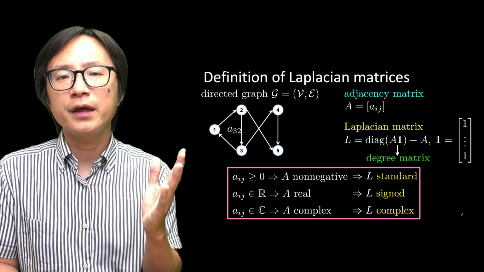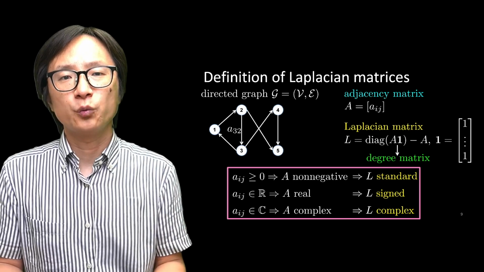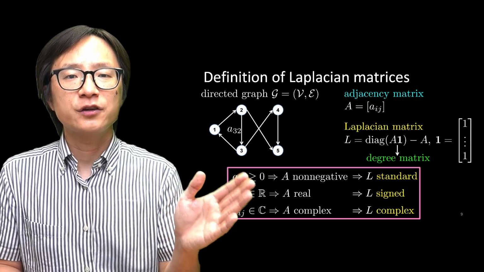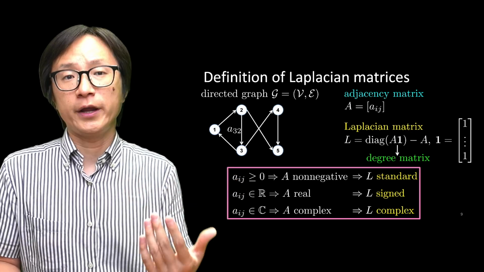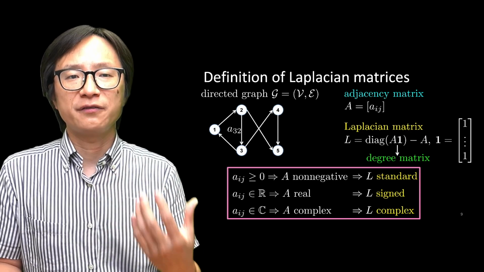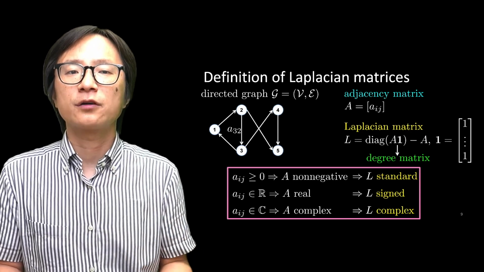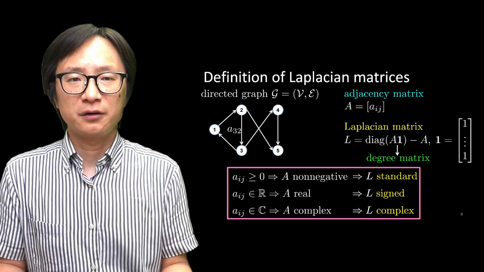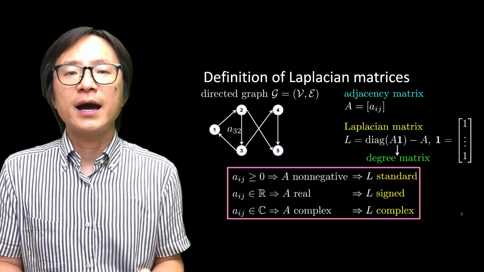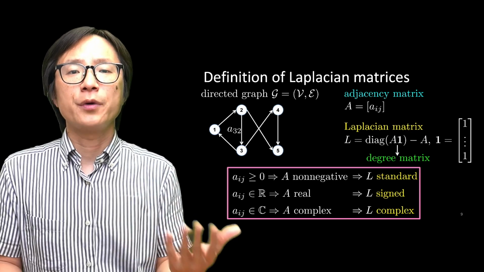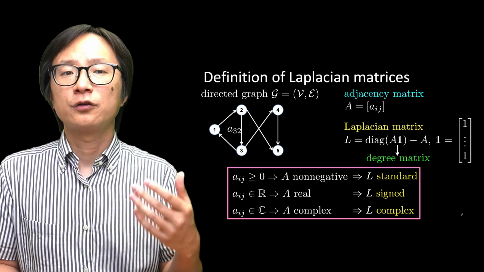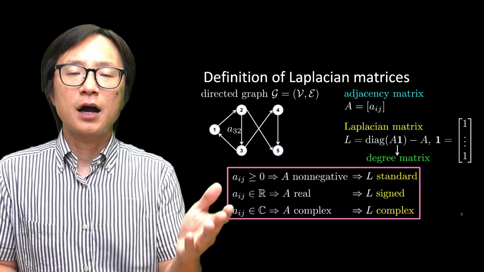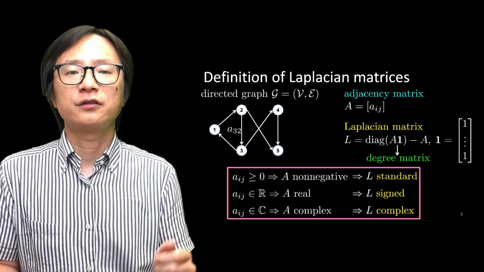Now, depending on the nature of these weights, Aij, if the Aij are non-negative, then the adjacency matrix A is a non-negative matrix, and the correspondingly defined Laplacian matrix L is called the standard type Laplacian, which is mostly used in the literature. If the weights Aij can be arbitrary real numbers, then L is the signed Laplacian, and if Aij can be complex numbers, then L is the complex Laplacian.